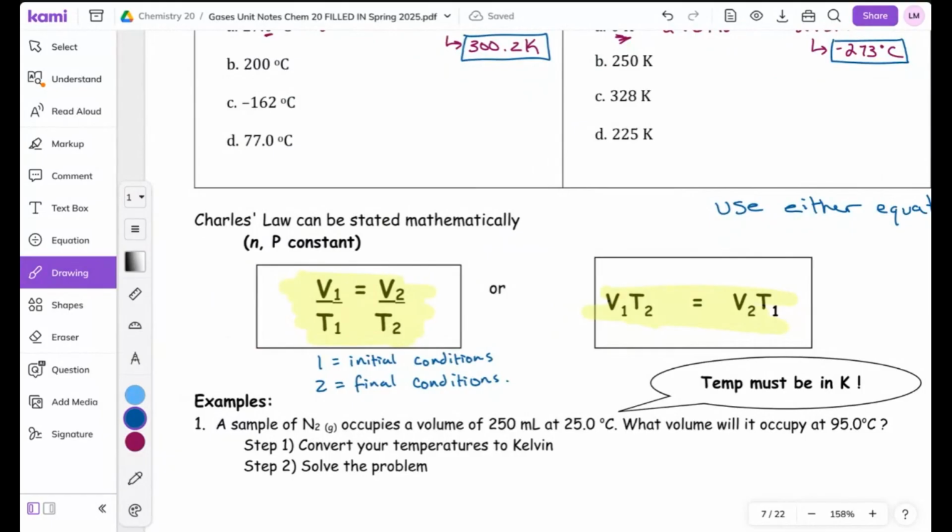So Charles's law, it's important to note, only holds true if you have the same amount of gas, so same moles of gas, and if pressure is also held constant throughout the whole situation. So with Charles's law, only temperature and volume can be changing. Amount of gas as well as pressure has to remain constant. That's what this part says right here.